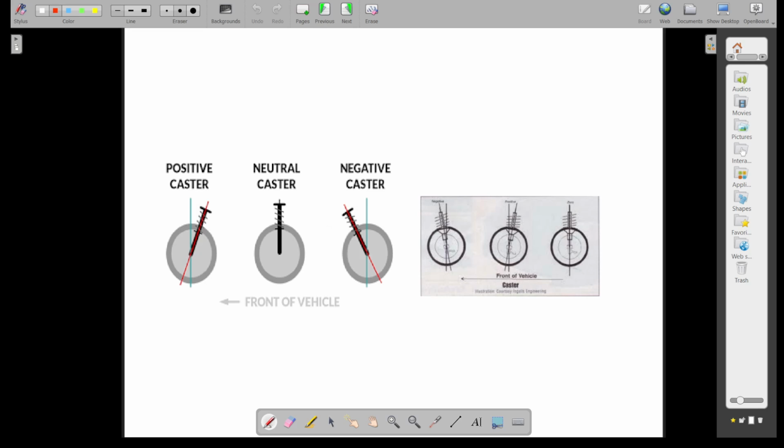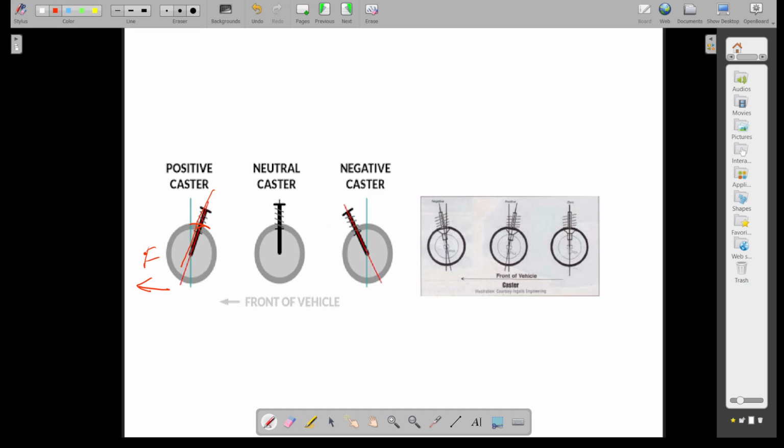Here you can see this is the front of the vehicle. You can see the rearward tilt of the steering axis with respect to the exact vertical. So this is a positive caster.